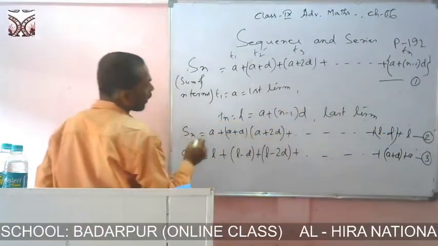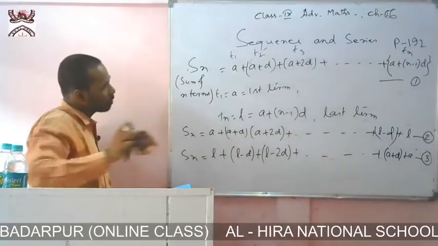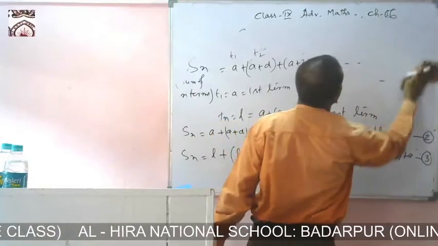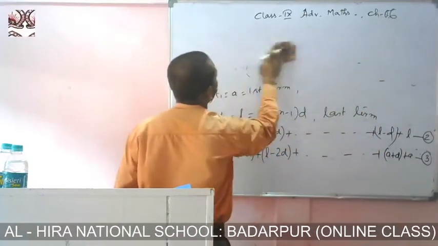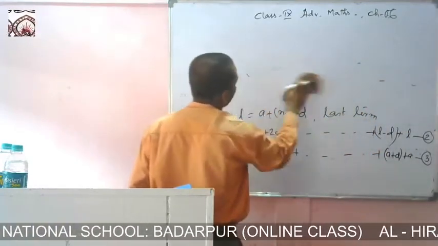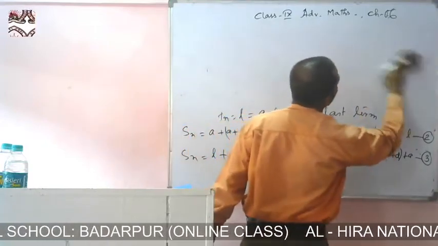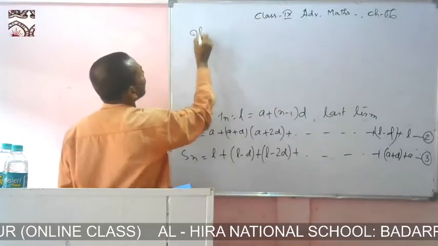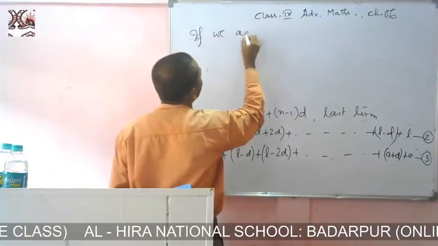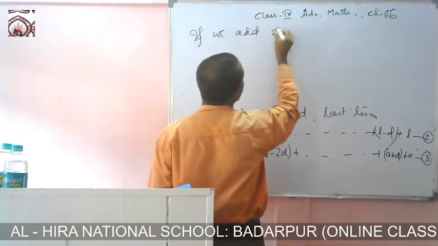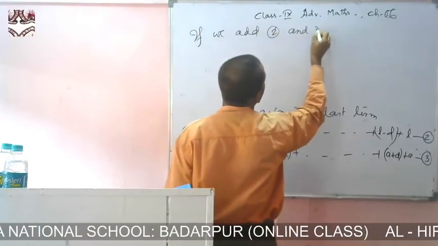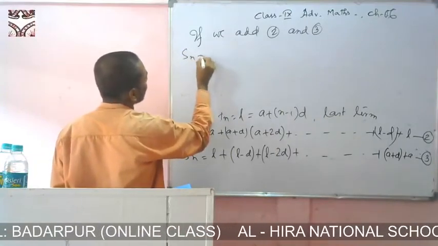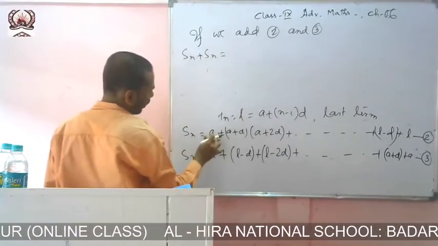So if we add 2 and 3, then Sn plus Sn will be a plus L.